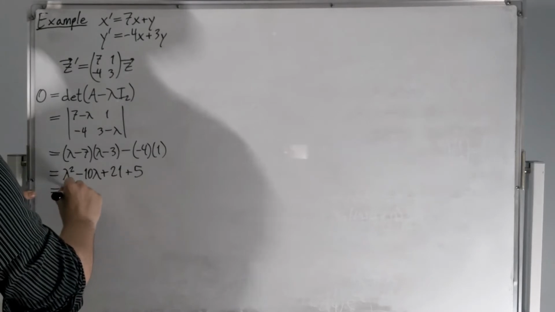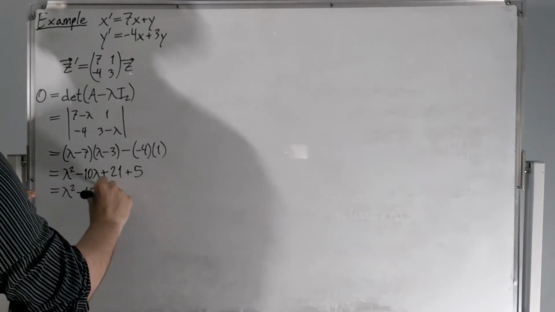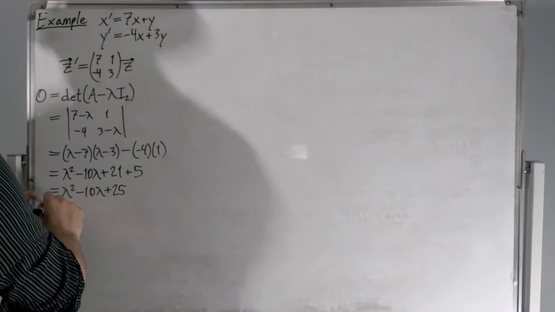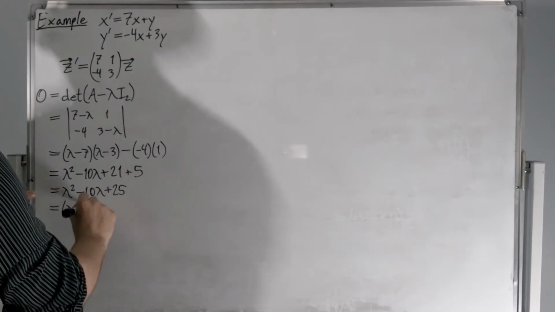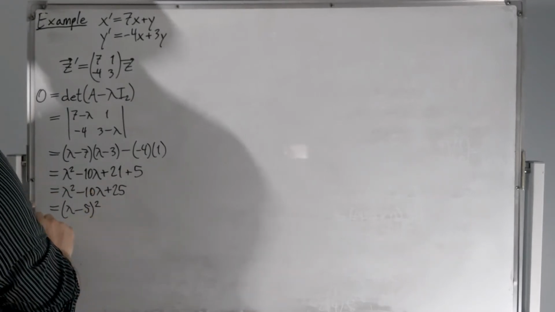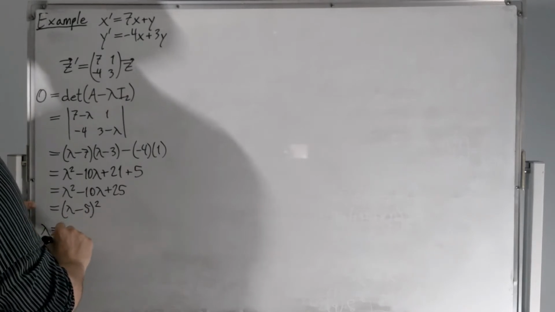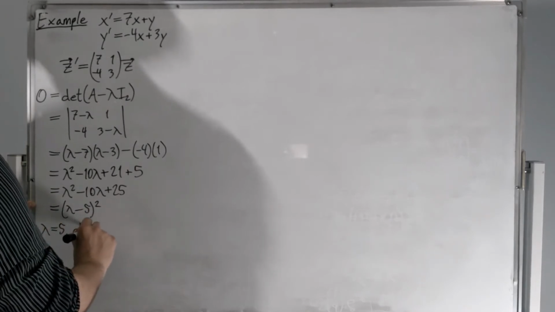So we get here lambda squared minus 10 lambda plus 25. This is lambda minus 5 squared. We get lambda equals 5 with an algebraic multiplicity of 2.